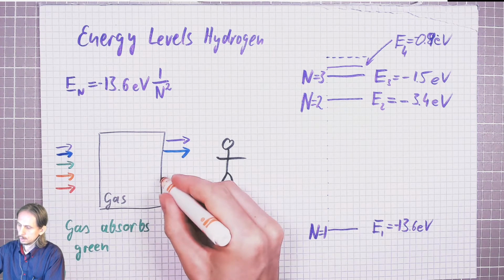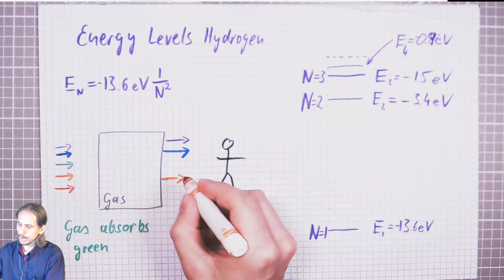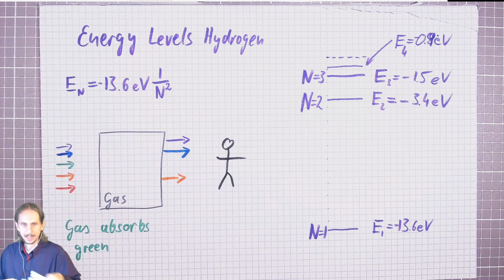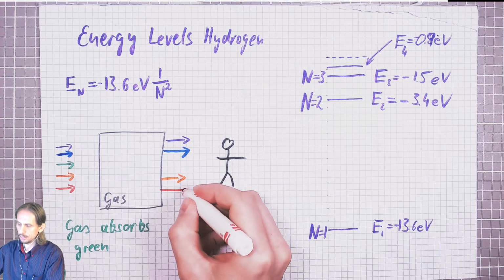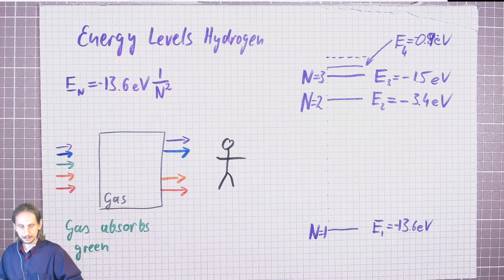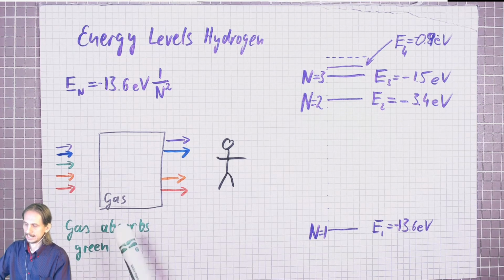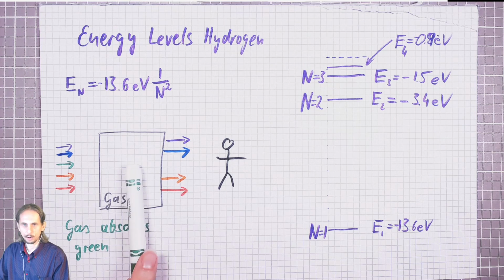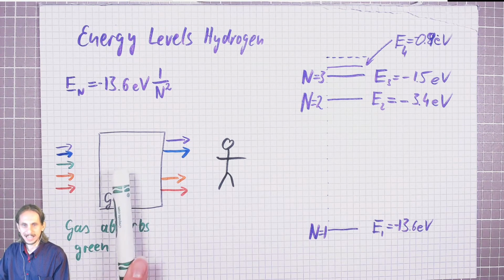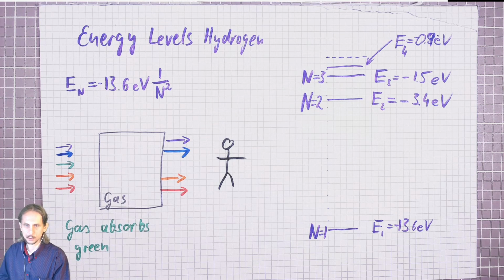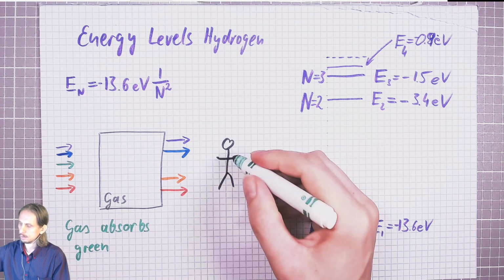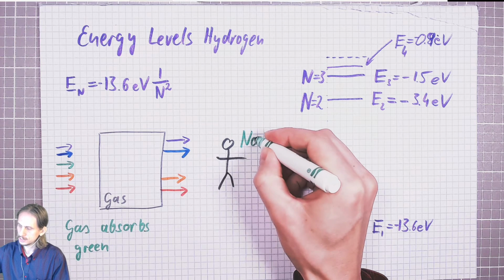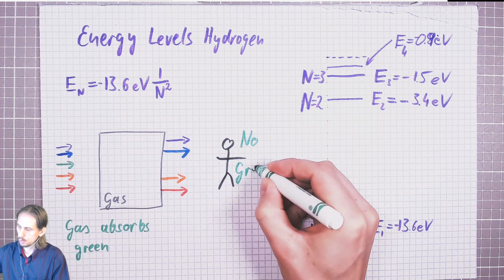The yellow or orange light would make it through as well, as would the red light. However, the green light gets absorbed. All the energy that is carried by green photons would get absorbed by a gas that absorbs green. And so the person here would see no green light.